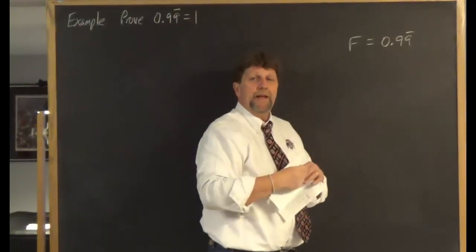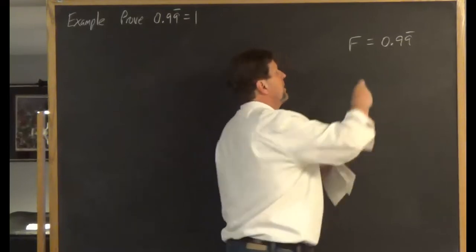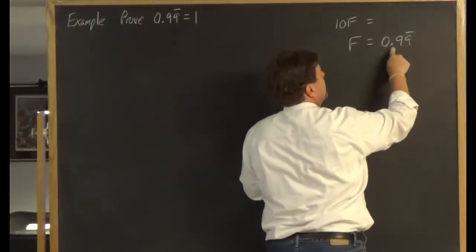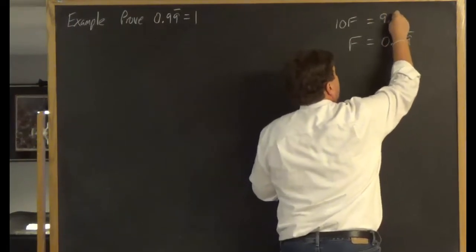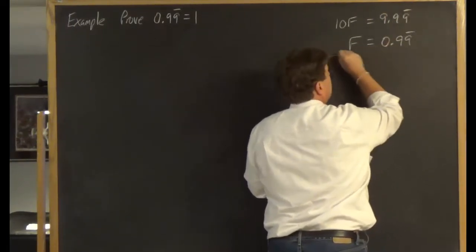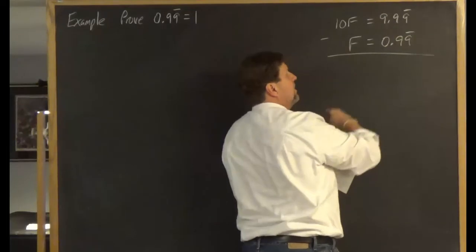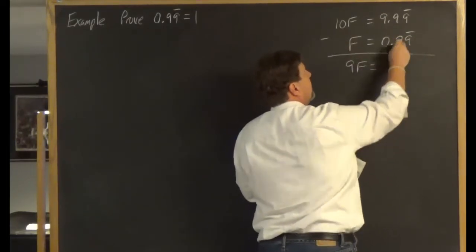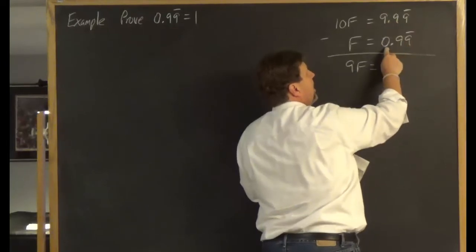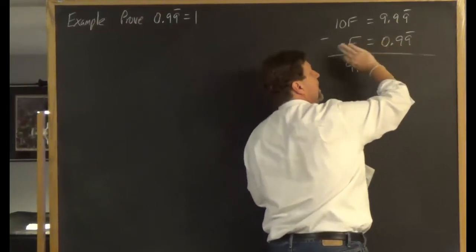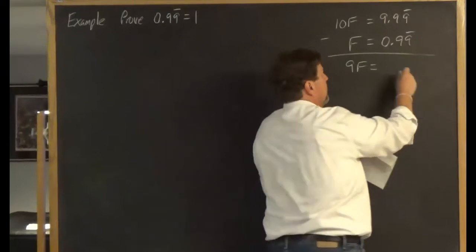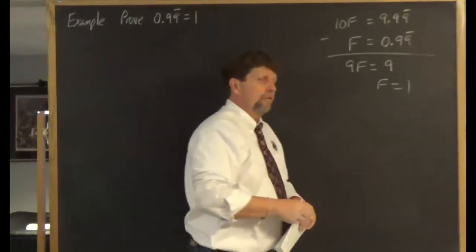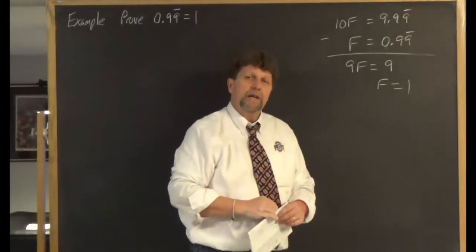Multiply both sides by 10. So you get 10f equals 9.99 repeating. Go ahead and subtract. 10f minus f is 9f, and 9.99 repeating minus 0.99 repeating: everything to the right of the decimal point cancels out. You get f as 1. 1 is equal to 0.9 repeating.